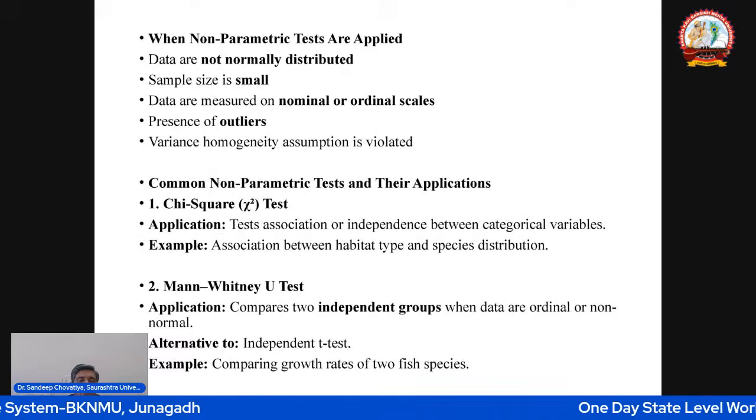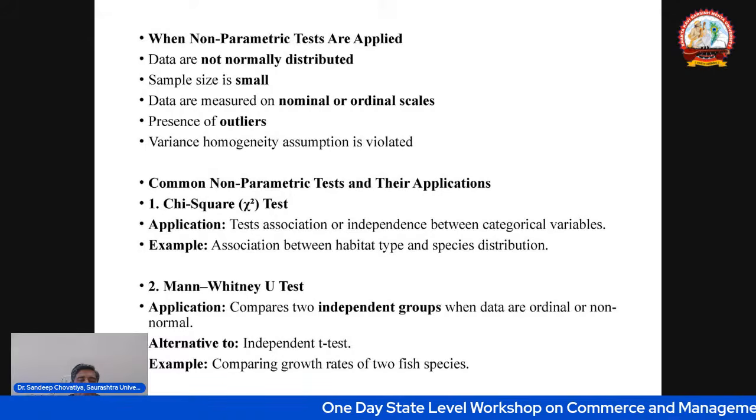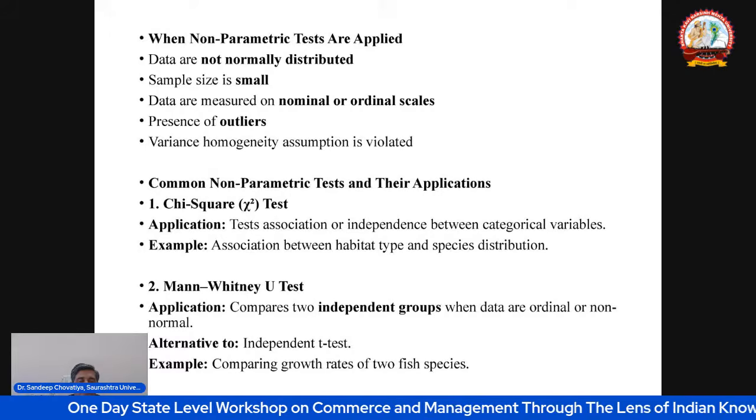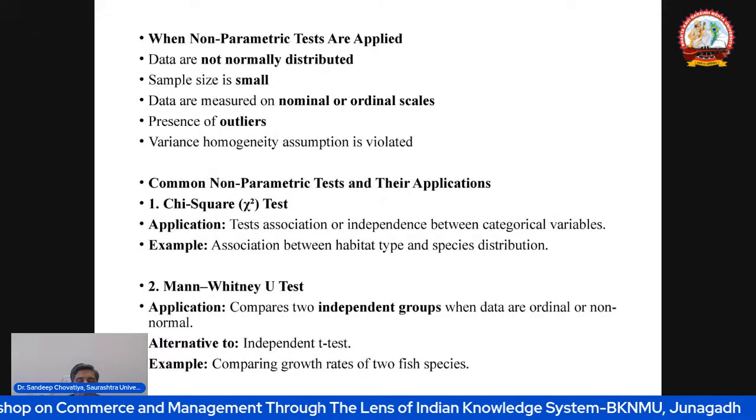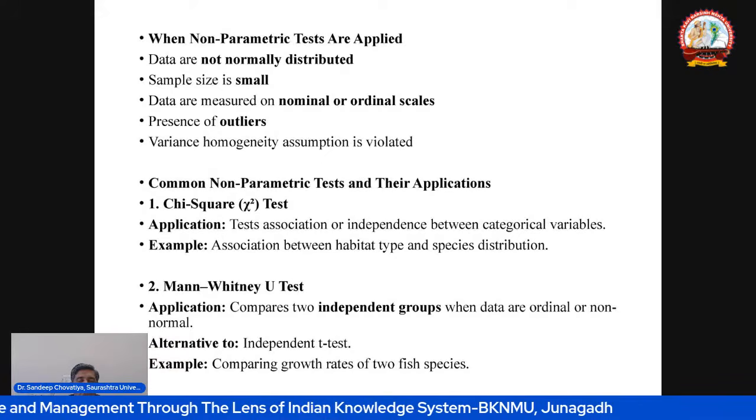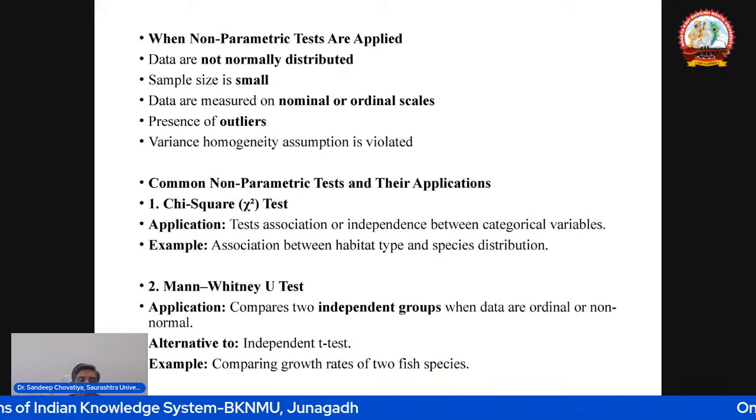Another example is the Mann-Whitney U test. When we discuss the application, we use it to compare two independent groups when the data are ordinal or not normally distributed, as the alternative to the independent t-test.